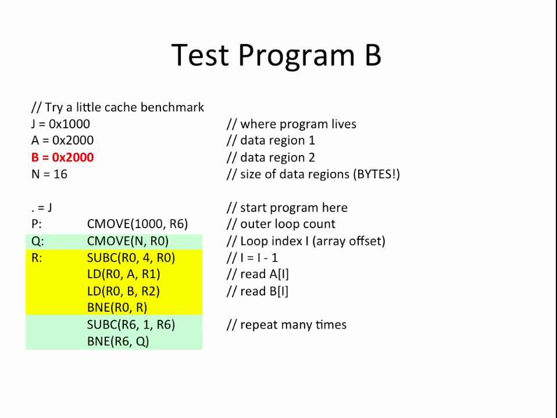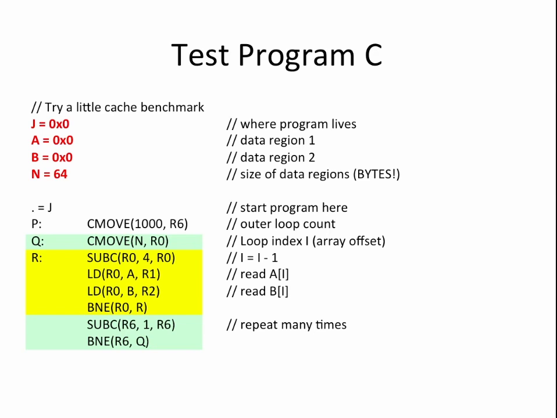The difference between our original benchmark and this modified one is that we now have two distinct regions of memory to access, one for the instructions and one for the data. This means that the two-way set associative cache will no longer experience collisions in its cache, so its hit rate will be significantly better than with the original benchmark.